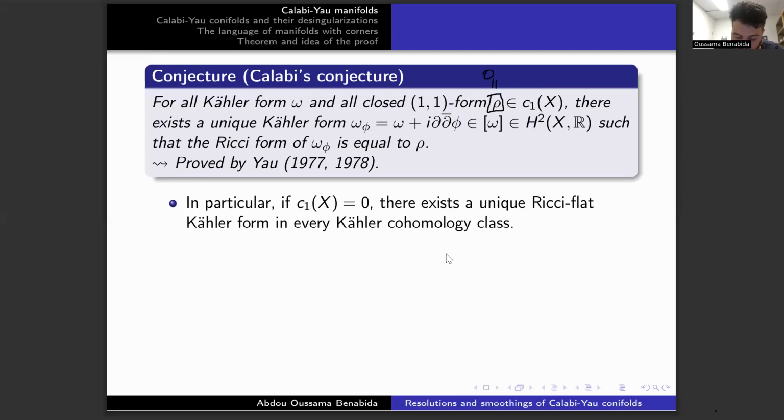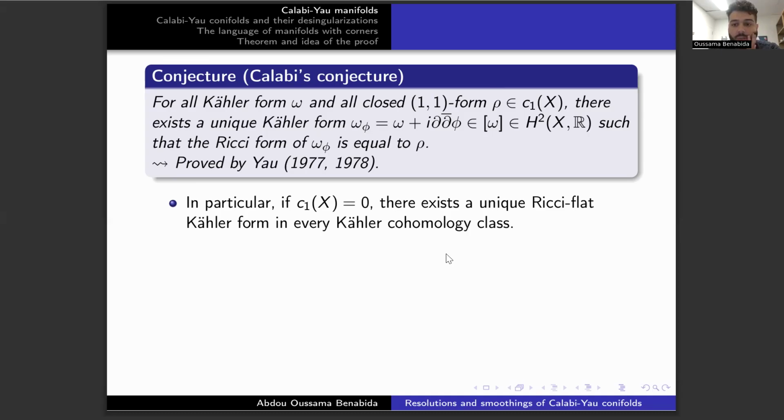By this conjecture, the proof of Yau, there exists a unique Kähler form in every Kähler class which has Ricci form equal to 0. So this means that it's Ricci-flat. Once we have vanishing first Chern class, there is a unique Ricci-flat Kähler form in every Kähler class. By Kähler class, I mean any cohomology class which admits at least one Kähler form.